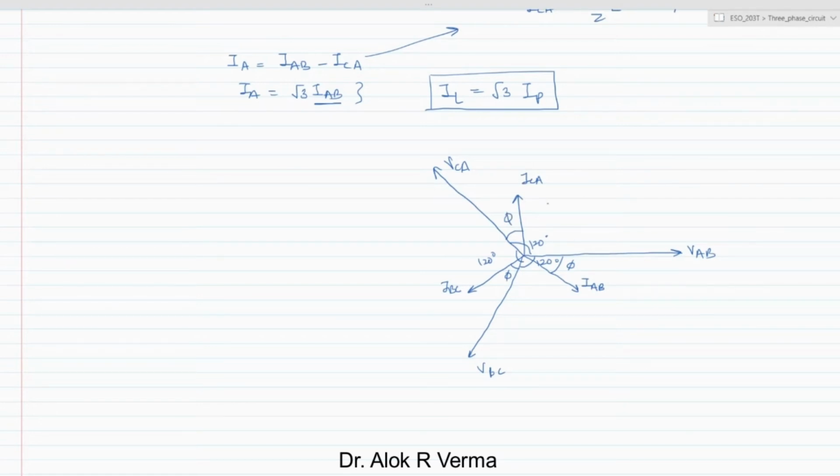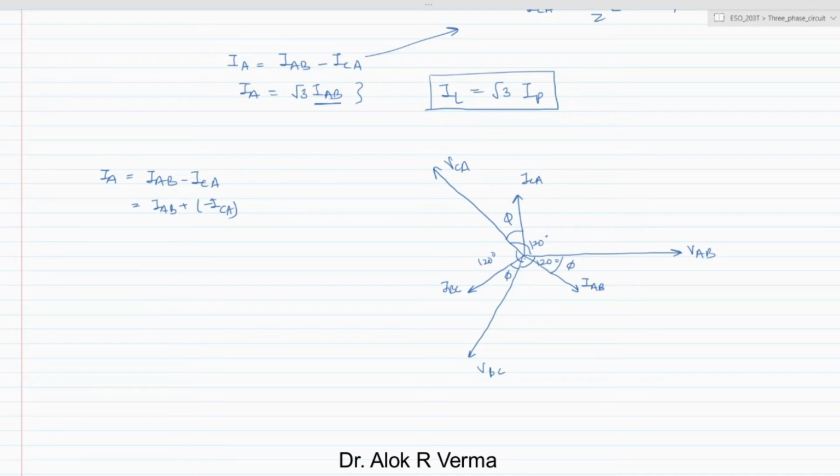Okay, now if you want to calculate the line current, which is IAB minus ICA, so for one I am trying to demonstrate here, which is nothing but IAB plus of minus ICA.